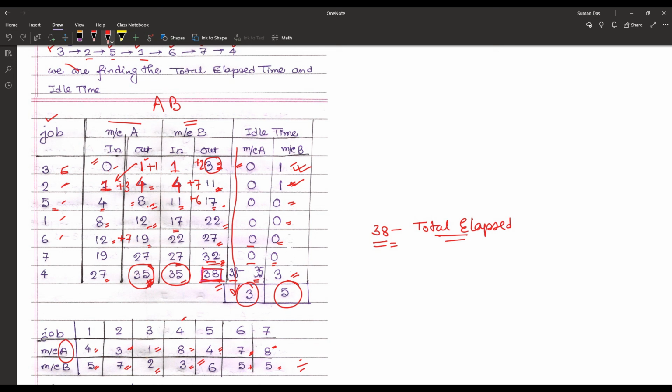And that is how, for n jobs and 2 machines using Johnson's algorithm, we can find the total elapsed time for the complete sequence of jobs, and also the idle time for machine A and machine B.